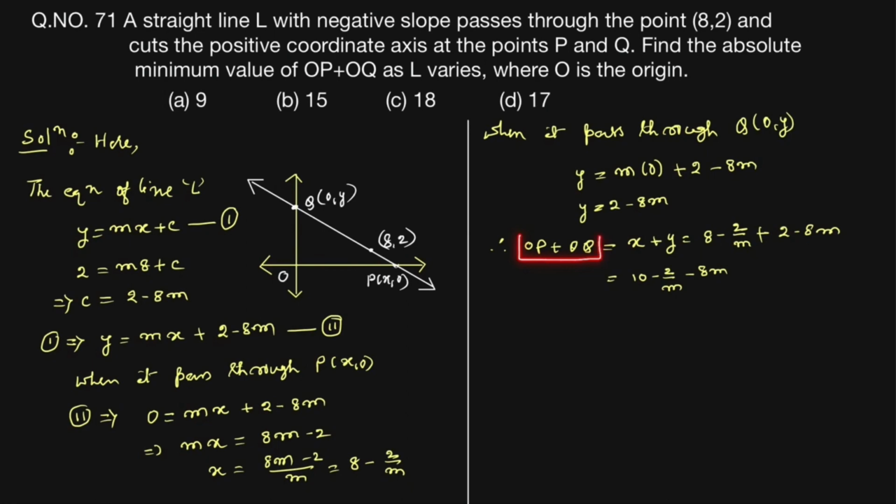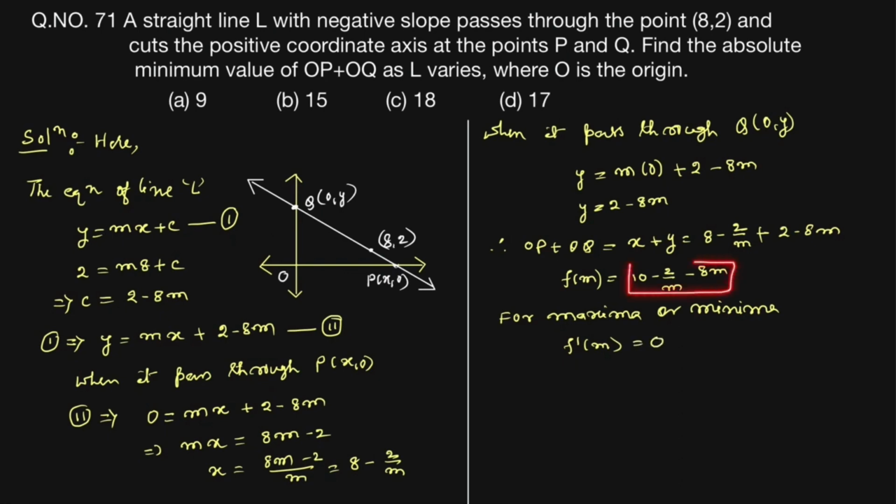Let us take this to be our function, then we are able to write this as f(m), which is equal to this. For maxima or minima we have to find f dash m, which is equal to 0.